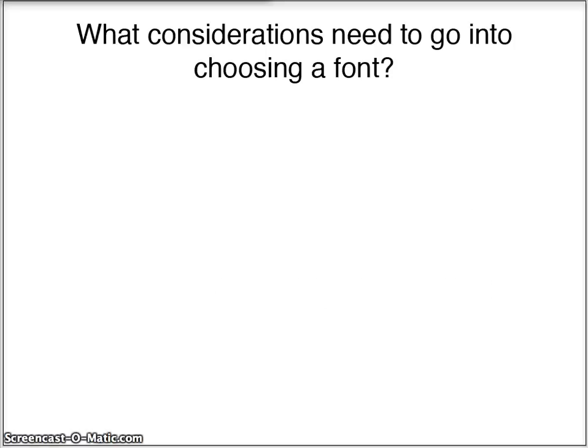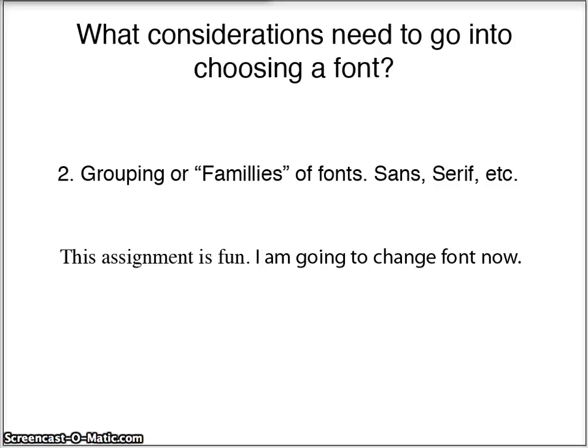Second, the thing that we would like to consider is the grouping or the families of our text in the fonts. So for example, as those two examples, sans and serif, were good examples, we now look at them together. If you look at examples of sans fonts, at the beginning here, you can notice that on the end of the text, for example, this T, it has the feet on there.